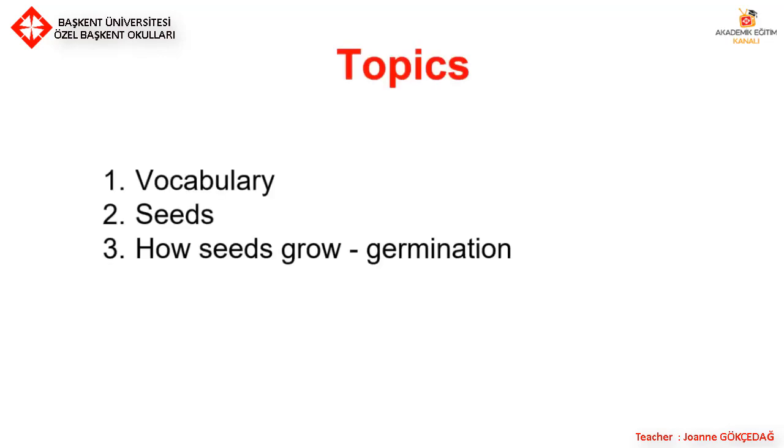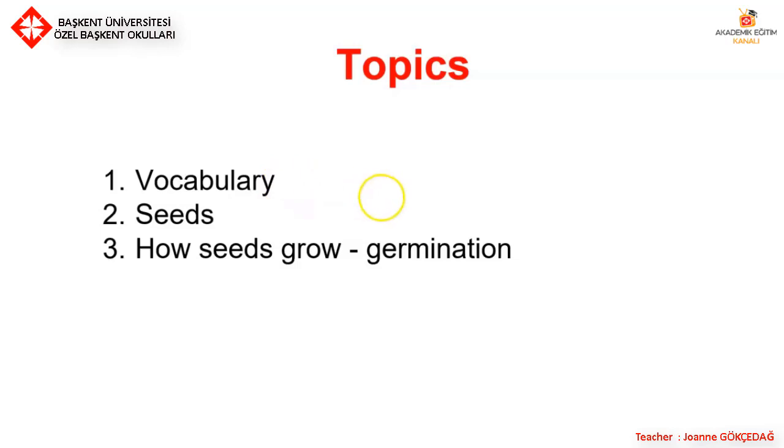Okay, so what are we going to be looking at in this video? The topics we're going to be looking at are vocabulary. Vocabulary will be looking at the main words written in your learner's book. Seeds, different kinds of seeds, parts of a seed.